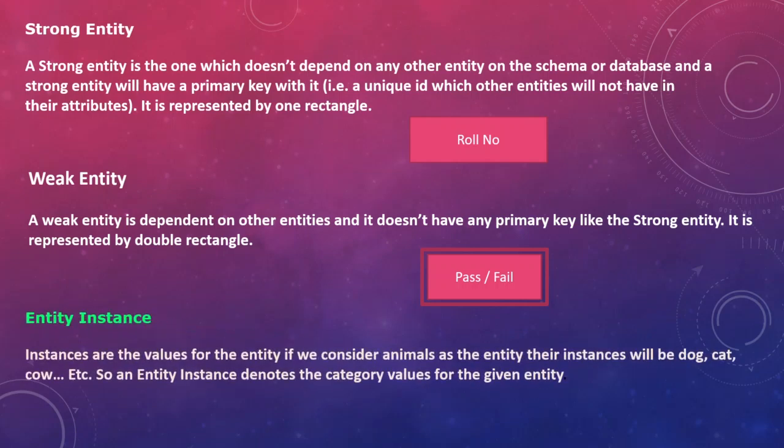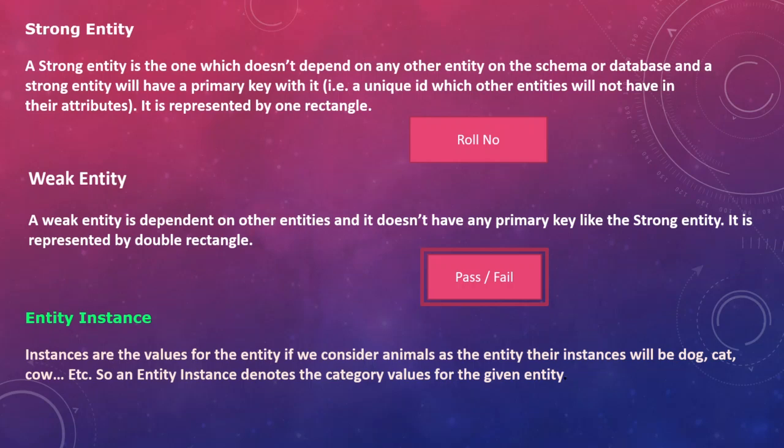Next one is the entity instance. The values of an entity are known as instances. So for example, here an example is given: animals. Animal is an entity. So when we say animal, all the animals are included in it: dog, cat, cow, elephant, giraffe, whatever it may be.